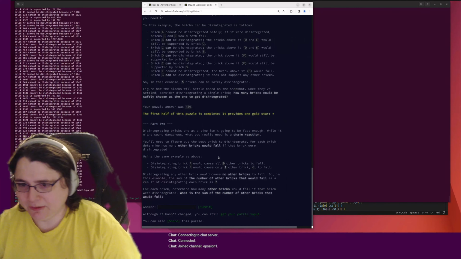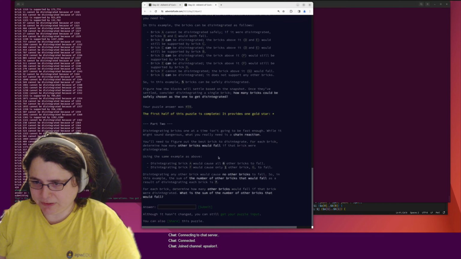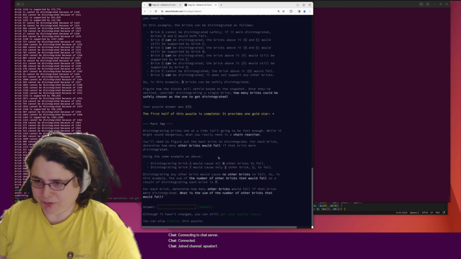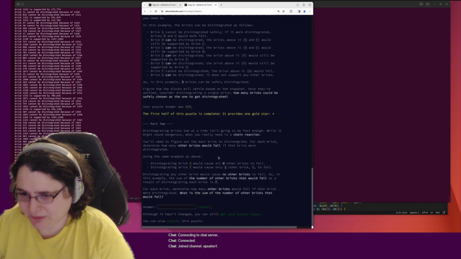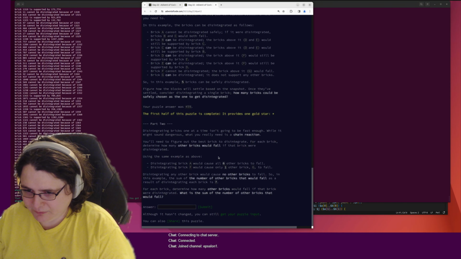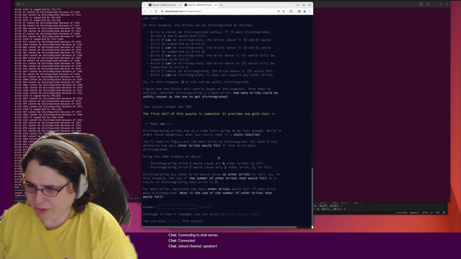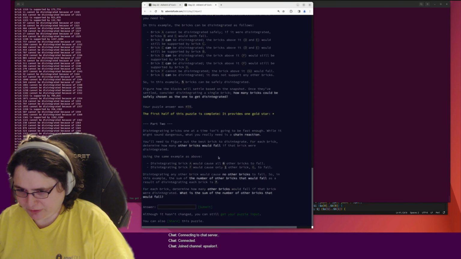Correct. Okay. One at a time is not fast enough, and you need a chain reaction. For each brick, determine how many other bricks would fall if that brick were disintegrated. The number of other bricks that fall.